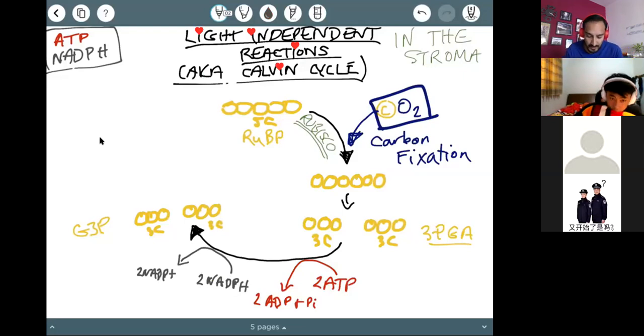So the NADPH has the reducing power, right? It's getting oxidized now, so it's able to reduce the 3-PGA. The ATP provides some energy to change around the molecular structure of this carbon compound and rearrange it into whatever G3P is.